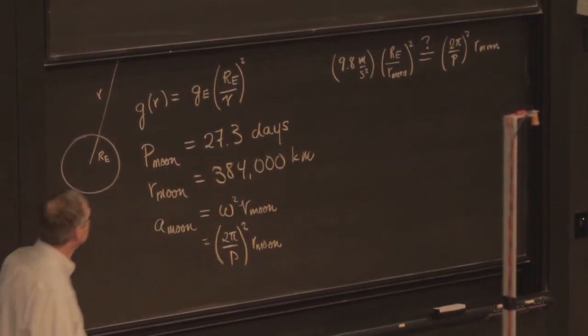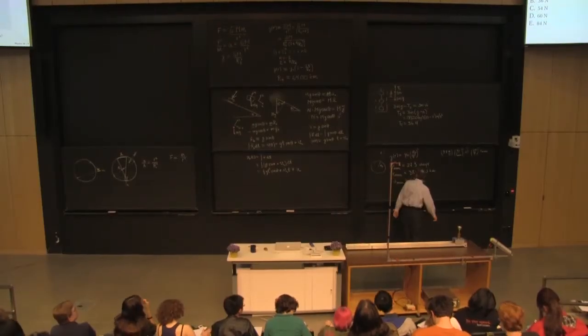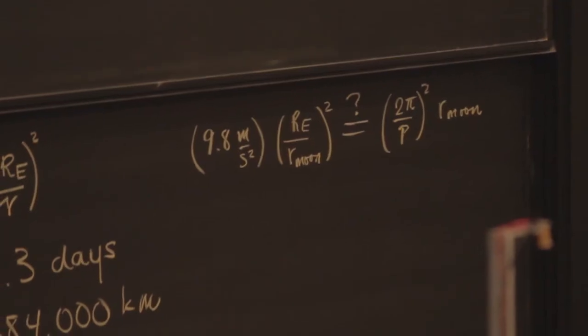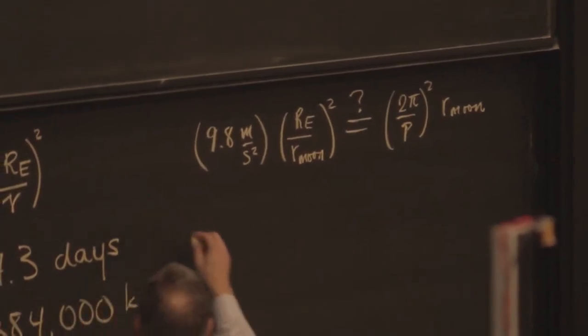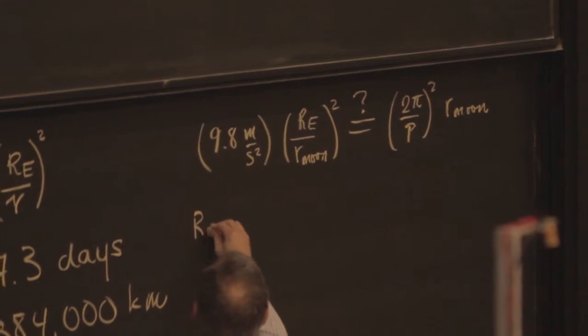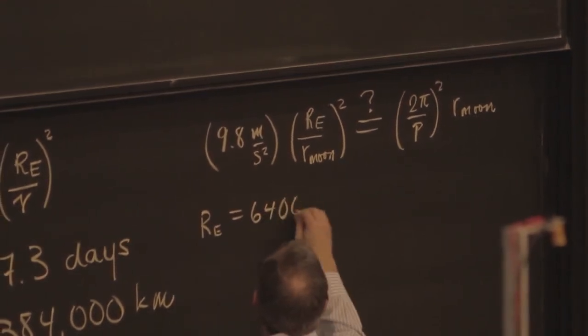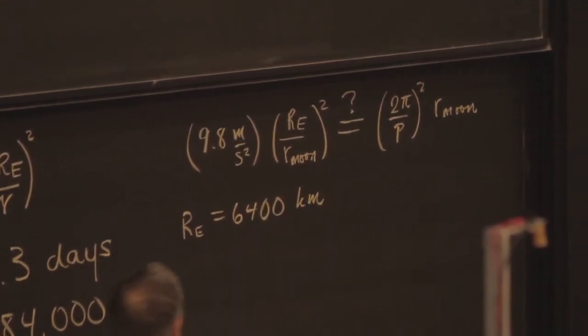So let's see. Radius of the Earth, if you recall, was 6,400 kilometers.